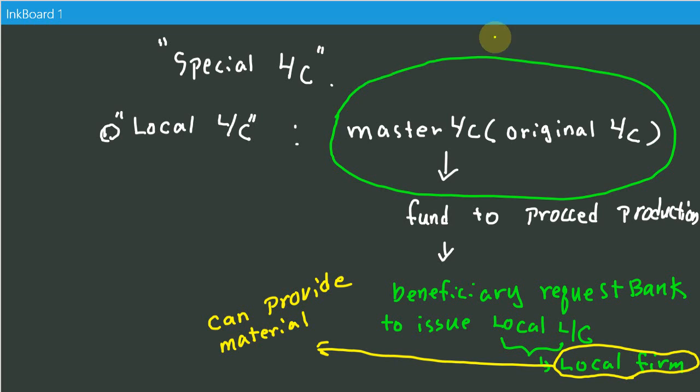Okay, then if the beneficiary, the exporter, uses this kind of local LC, in other words the domestic LC, we can use it even if we have no fund to purchase material.